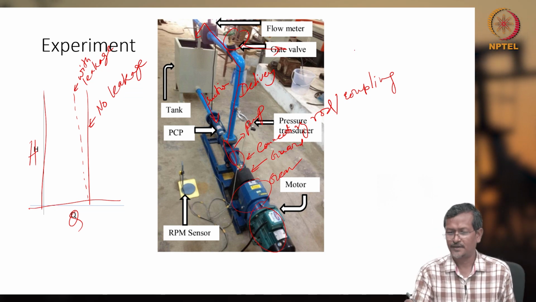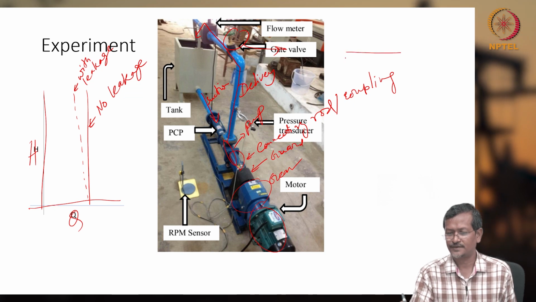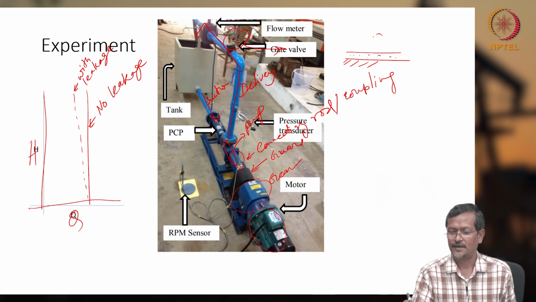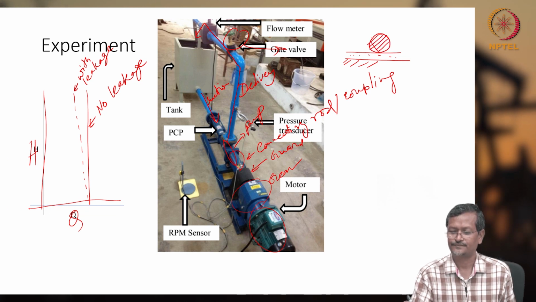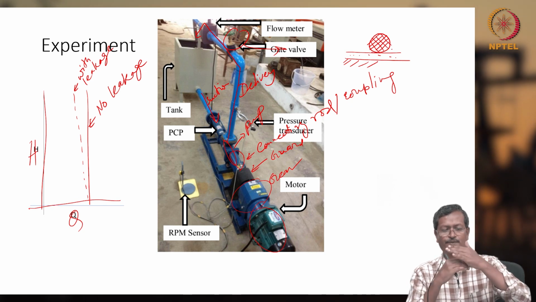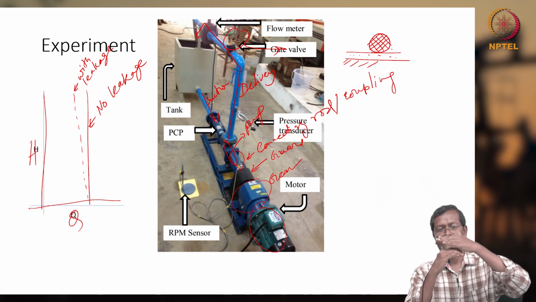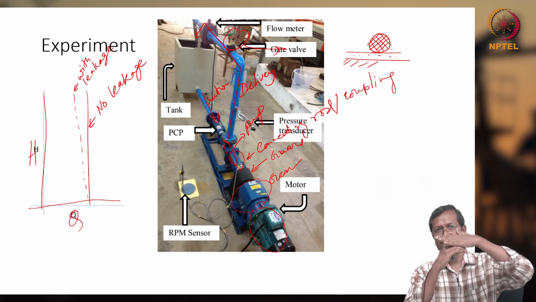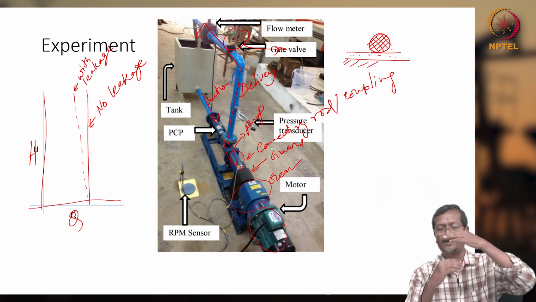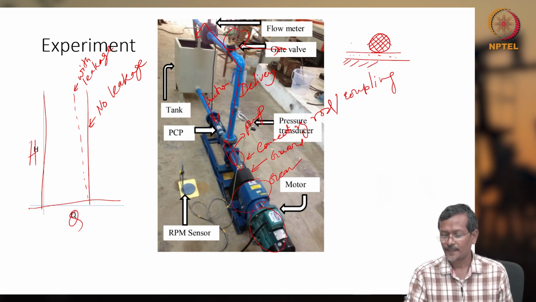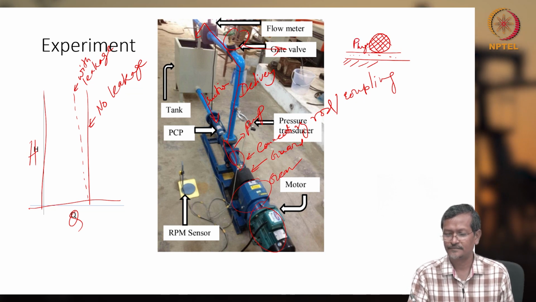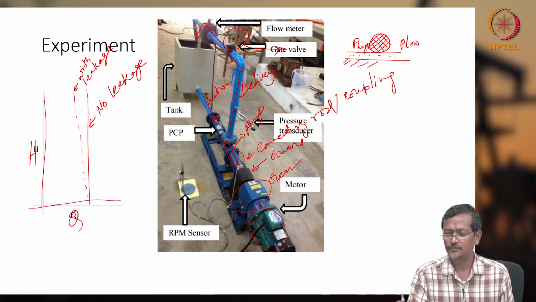what will happen? Let us say I have the elastomer like this, this is metal, and this is my elastomer and this is my rotor, making zero clearance, meaning the rotor and elastomer are just touching, with no diameter change. Now this is P high, P low.